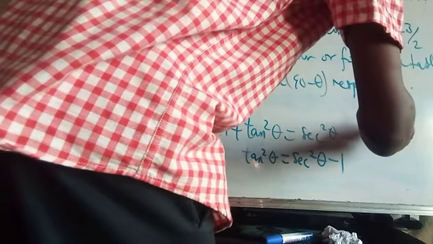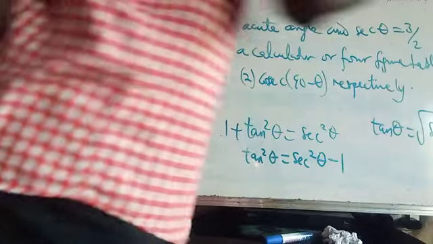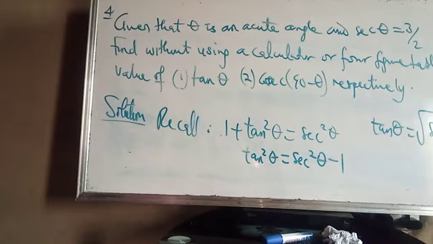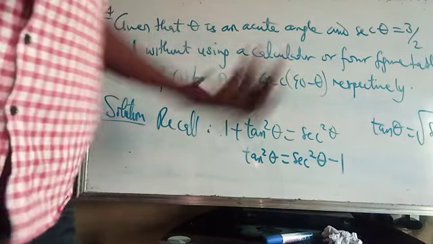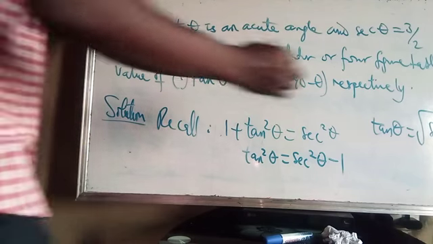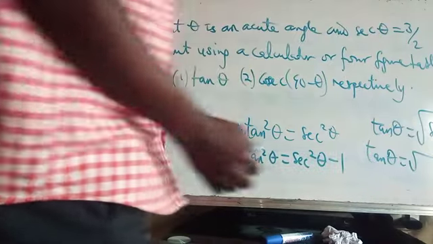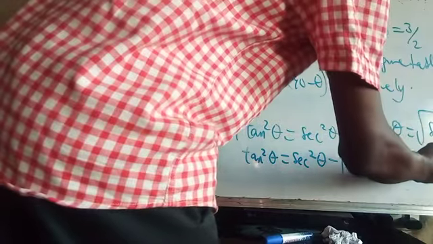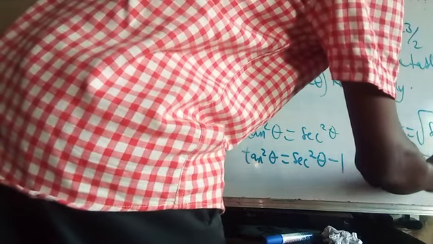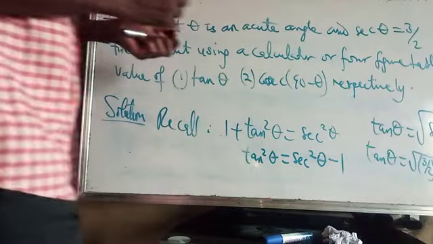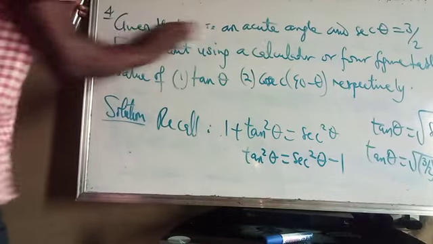So tan theta will be the square root of sec square theta minus 1. Beautiful. So what we just need to do now is to substitute. Tan theta now will be the square root of, if sec theta is 3 over 2, sec square theta will be 3 all over 2 squared, minus 1. So we are almost there.